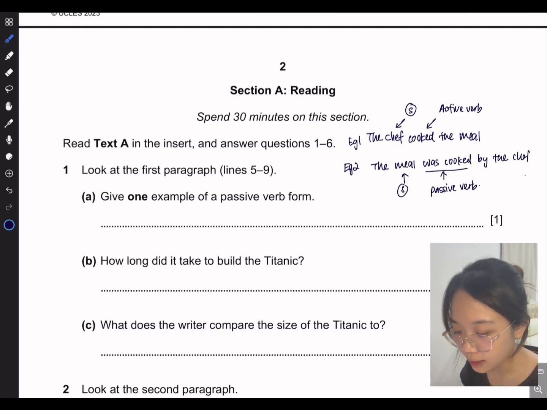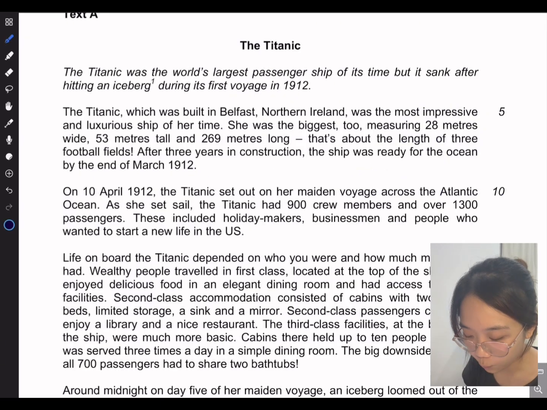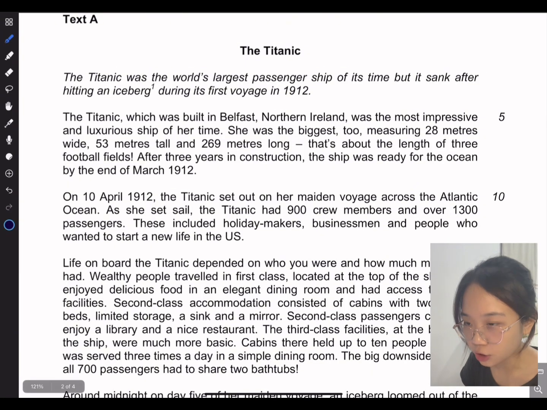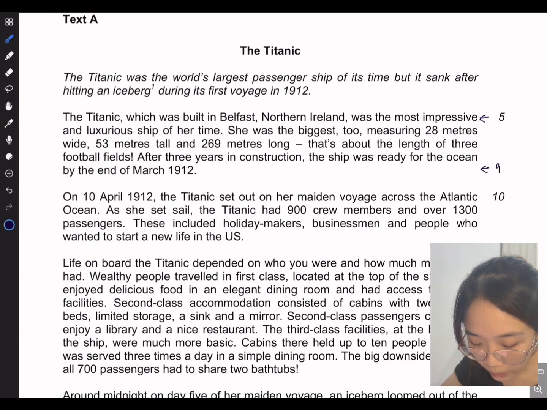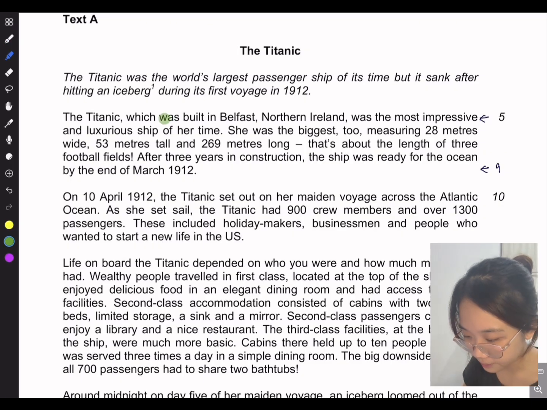Okay, so let us take a look of paragraph 1. Okay, so since they mentioned that it is from line 5 to 9, so this is line 5 and line 9 is here. So the only passive verb that can be found here is actually was built.